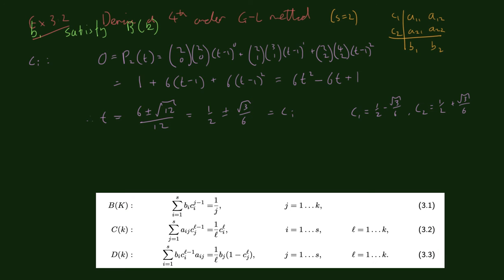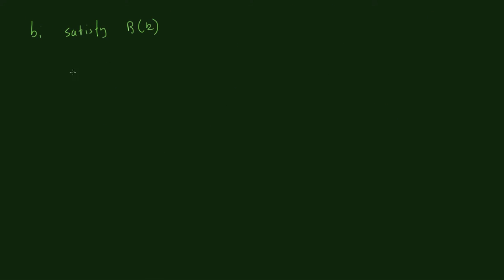So the bk condition, so the b values satisfy the bk condition. Okay, so remember, we have b1, b2. We just got a two-stage method.